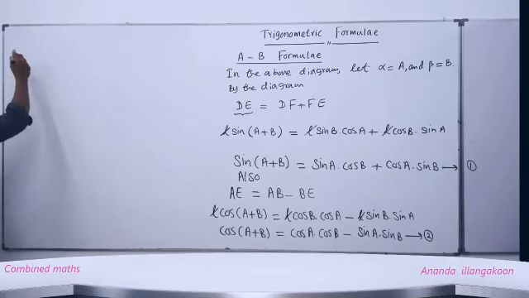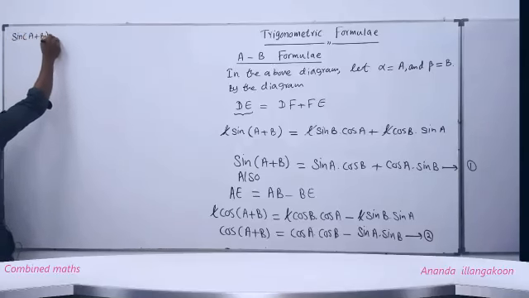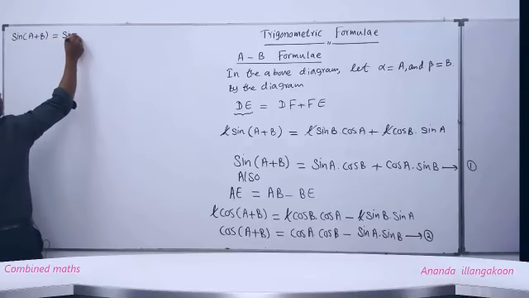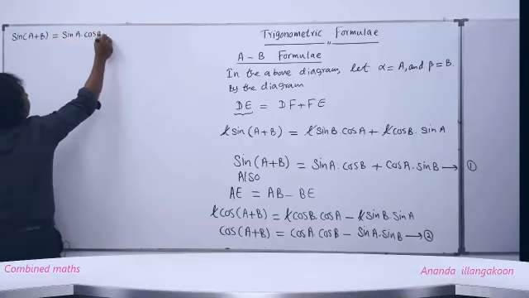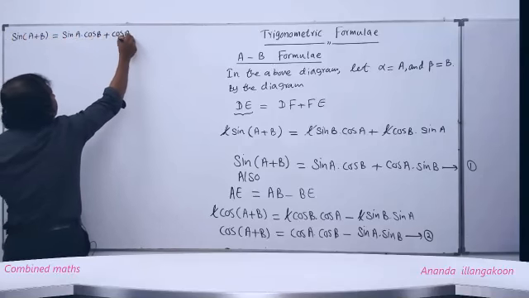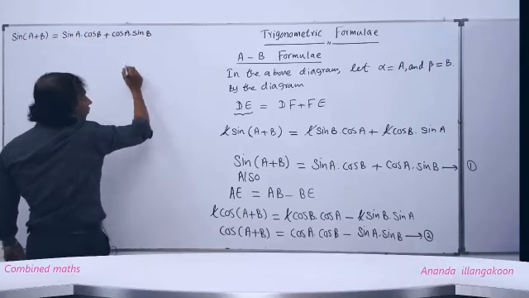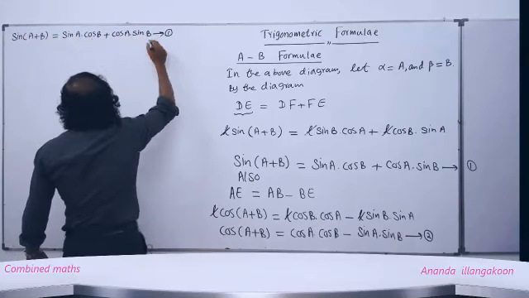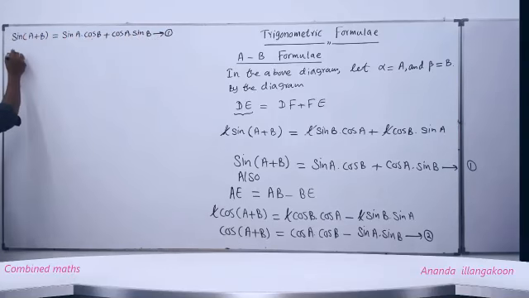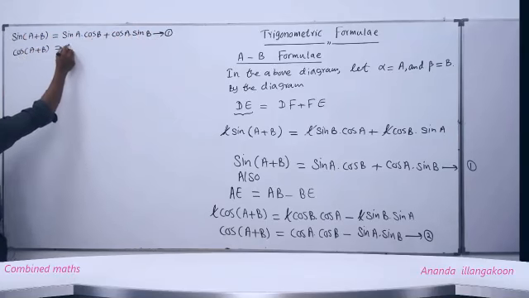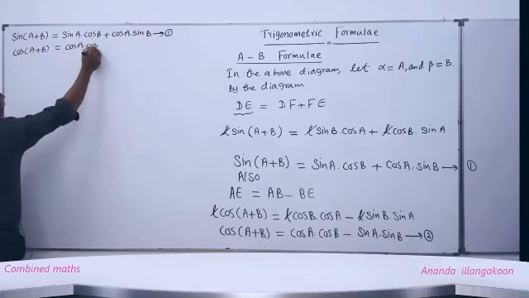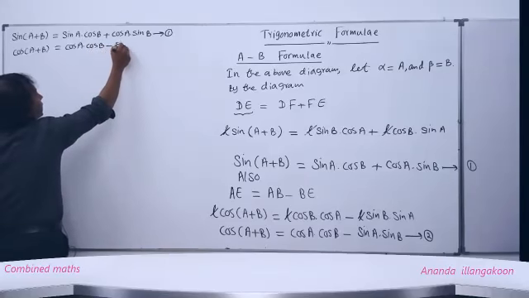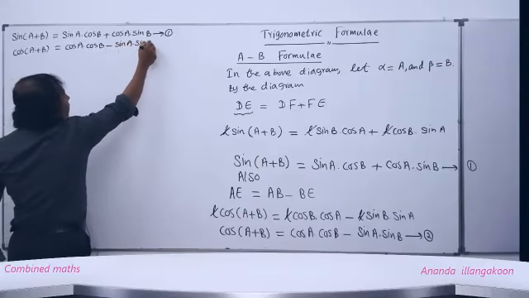Right, so then we can write sin A plus B equals sin A cos B plus cos A sin B. Number 1. Cos A plus B equals cos A cos B minus sin A sin B. This is number 2.